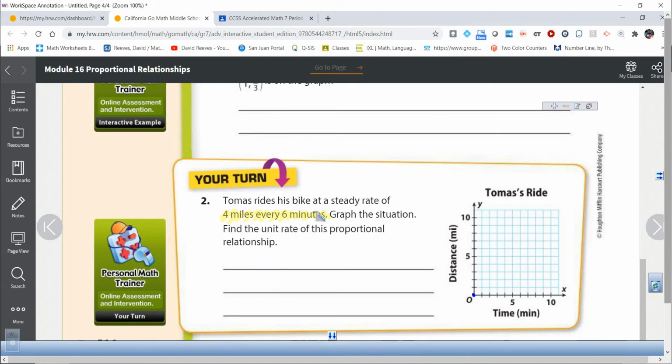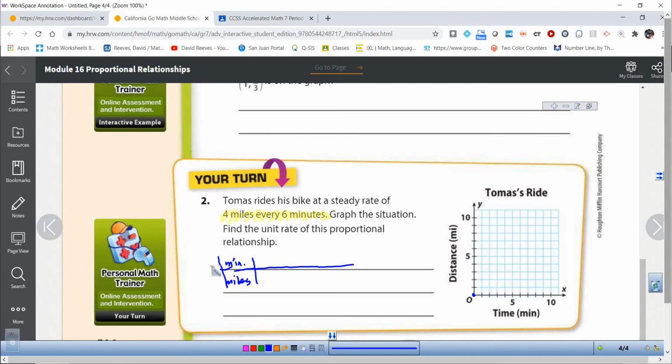So let's see. Actually, you know what? Let me make a table right here. All right, let's go ahead and model this with a table. He's going to ride 4 miles every 6 minutes. So if you see the distance they've put on the y-axis, miles, and this is minutes.